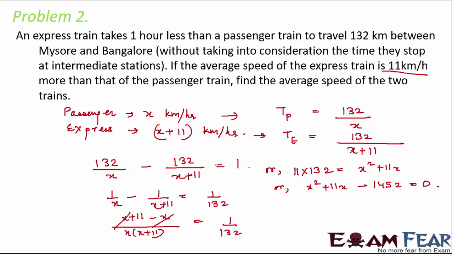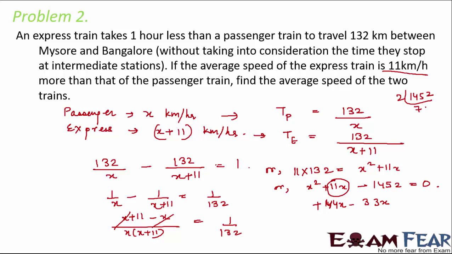So this is our quadratic equation, and here also you can do midterm splitting. How you do midterm splitting? This 11x can be written as plus 44x minus 33x. So how do we find this midterm splitting? So basically one small trick that you can follow is, you have this 1452, right? So you start breaking it down into factors like this.